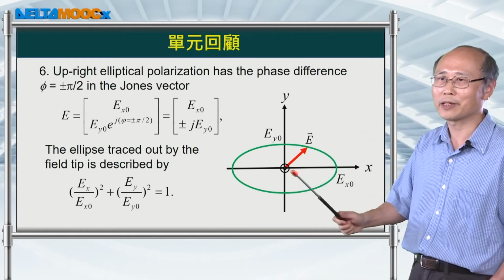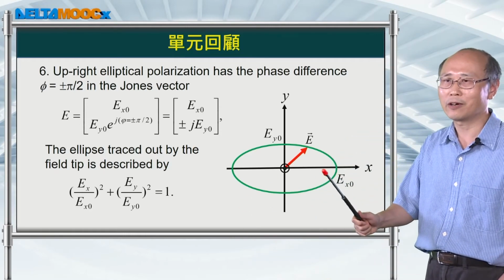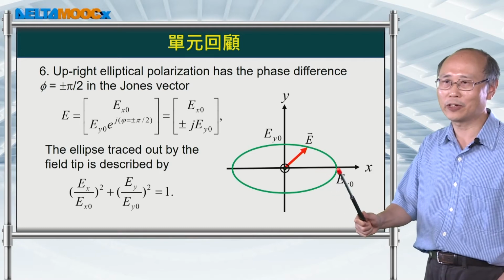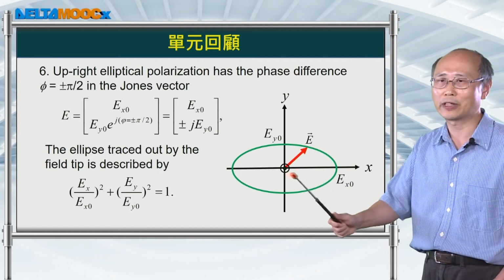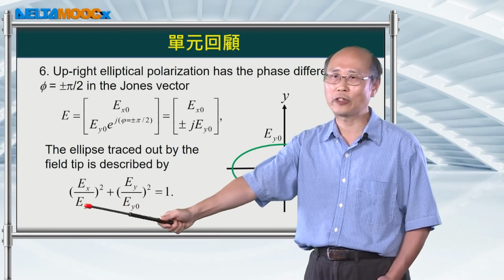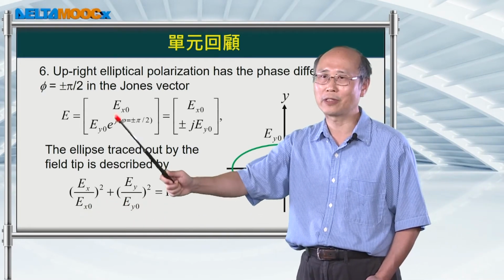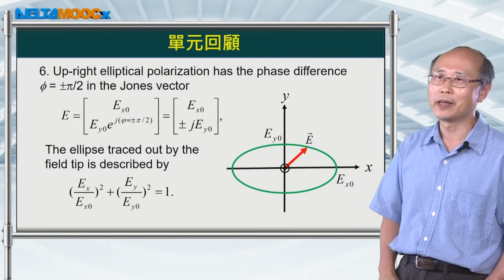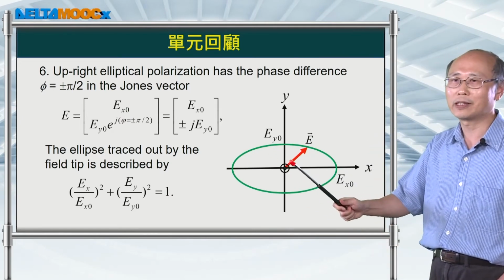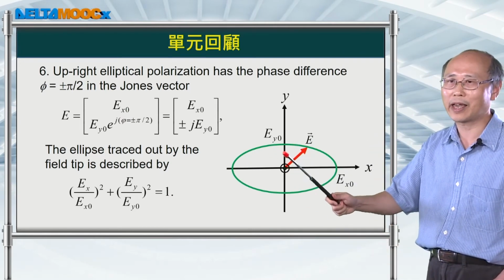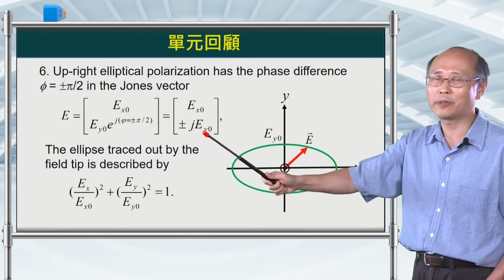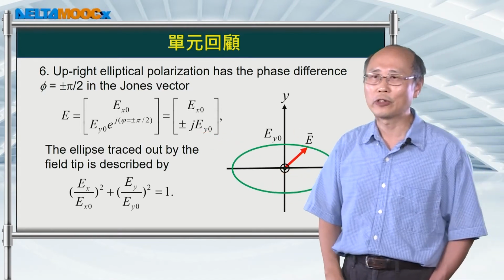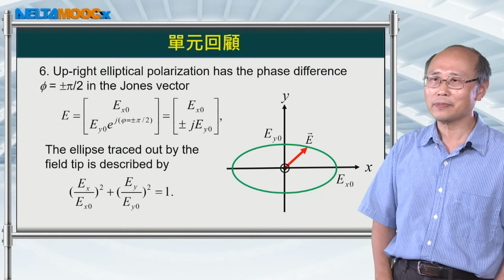It tells you that the x component of the electric field along this x-axis, which is the major axis of this ellipse, is just the amplitude of the x component electric field. And along y direction, the minor axis, the amplitude is equal to the amplitude of the electric field along y direction.